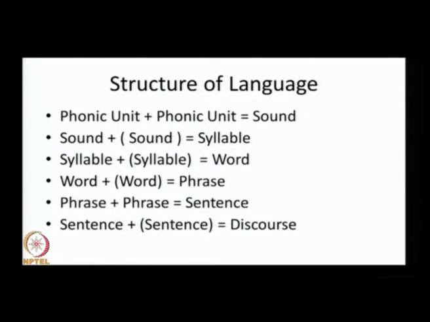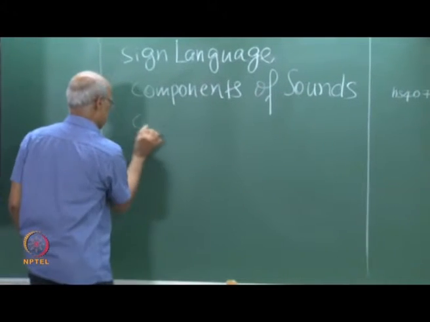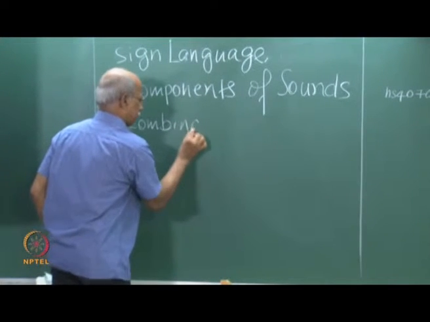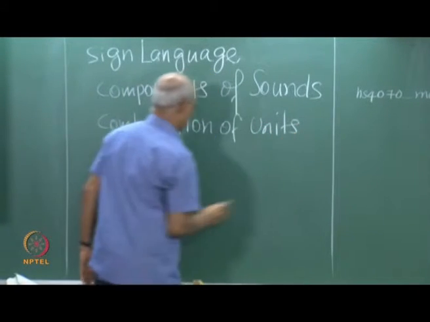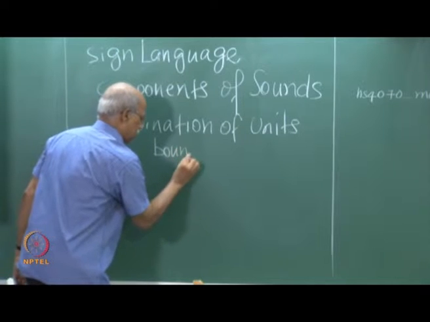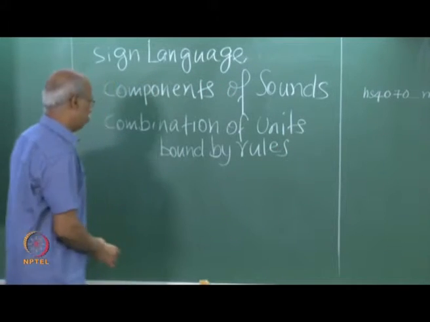So, you can go from one end to the other or from the other end to one, but no matter what you do, language, like anything else in nature, is nothing but a combination of units bound by rules.